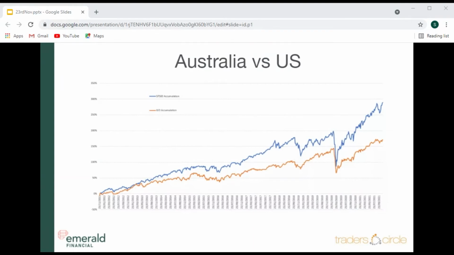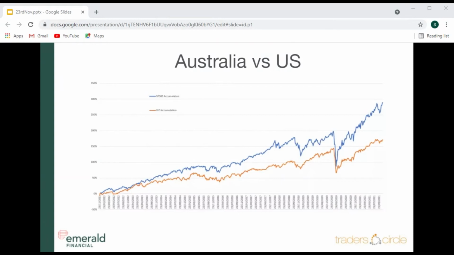So this factors in even the high dividends of our Australian market. And we can still see that even after those dividends, the US markets come out ahead. There are periods where they outperform a little bit, but there are periods where they have significant outperformance. And since the bottom of the COVID era in February, March last year, they've experienced significant outperformance.